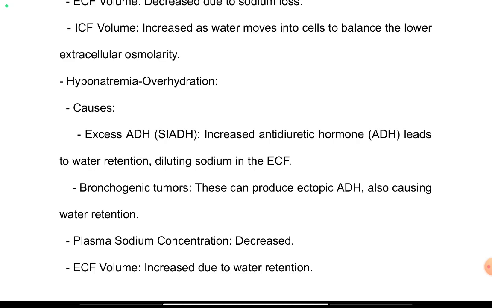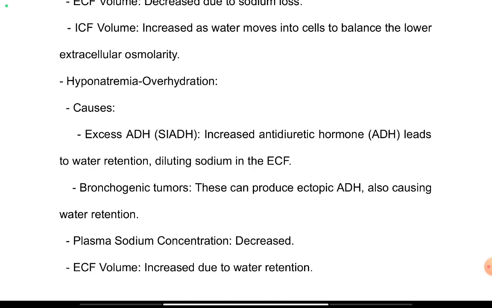And when there is excessive retention of water, what do you expect? The solutes become diluted. The bulk percentage of solutes we are talking about is also the sodium. You say sodium and chloride constitute about 80%. So sodium becomes diluted, and what happens? There is hyponatremia. That is why in a patient that has a bronchogenic tumor of the lung, or intracranial infection, if you want to correct their fluid level, when they are not able to take in any fluid, you still give them fluid, but the maintenance will now be two-thirds of the normal maintenance.